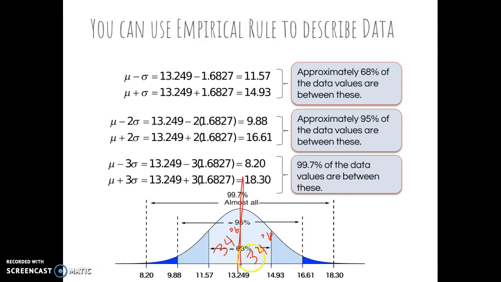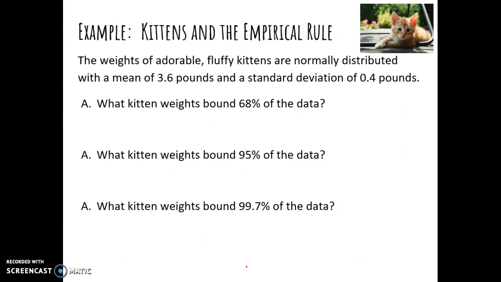So 68% is made up of 34% below and 34% above the mean. You can do the same thing with 95% and 99.7%, splitting them in half. There could be questions about that. Those take a little bit more thought, so if you need help with those, please ask.